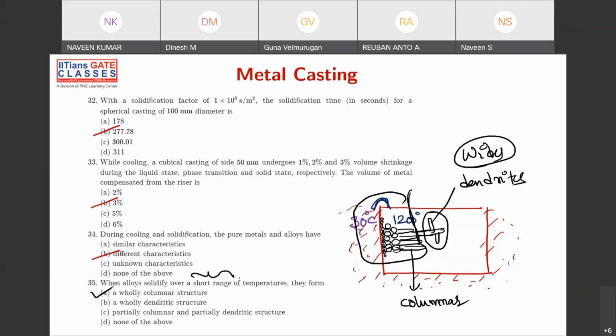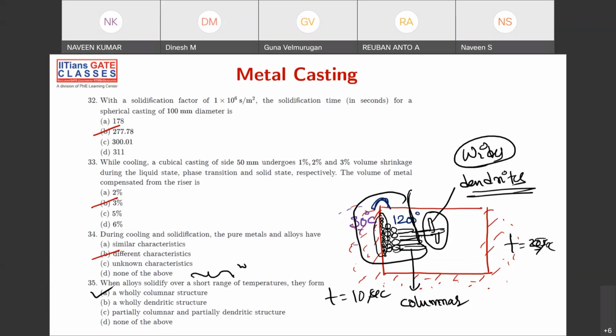Wide range in the sense more time. Let's say initially when you immediately pour, small fine grains are formed, and at t equal to some 10 seconds, columnar structures are formed, and at t equal to some 20 or 25 seconds, dendrites are formed. For more time, for a wide range of temperatures, dendrites are formed.